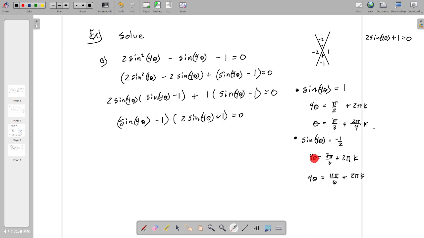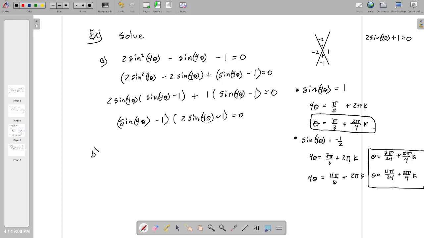Now again, we're solving for theta, not 4 theta, so I need to divide both sides by 4 for each of these. And we get theta is equal to 7 pi divided by 24, plus 2 pi divided by 4, k. And here we have theta is equal to 11 pi over 24, plus 2 pi over 4, k. These are all of the solutions.